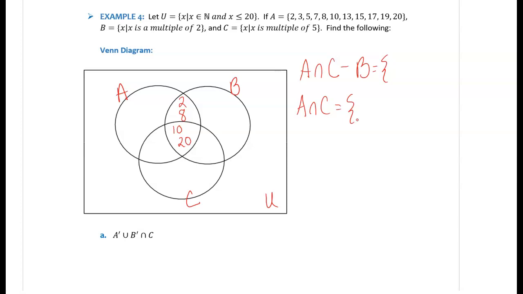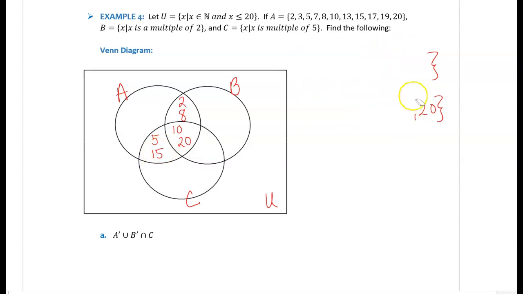So we need to know how many multiples of 5 are in set A. Well, we see that 5, 10, 15, and 20 are all multiples of 5 in set A. To find the region A intersected with C not in B, we need to take out those elements in my intersection with A and C that are in B. What remains are elements 5 and 15.